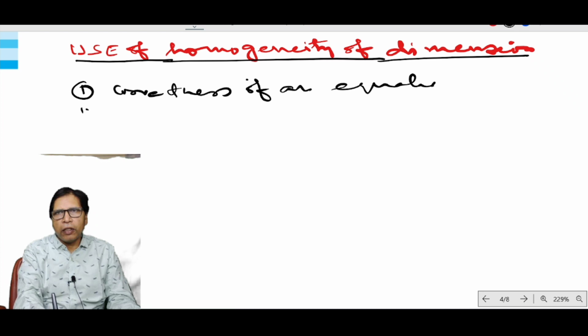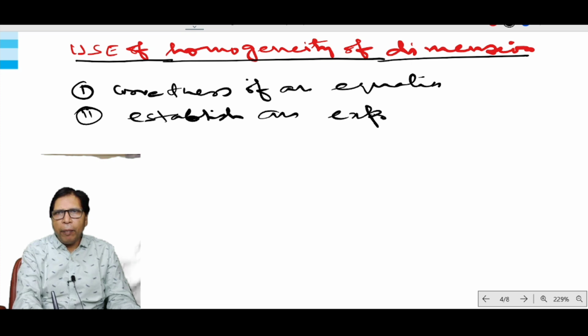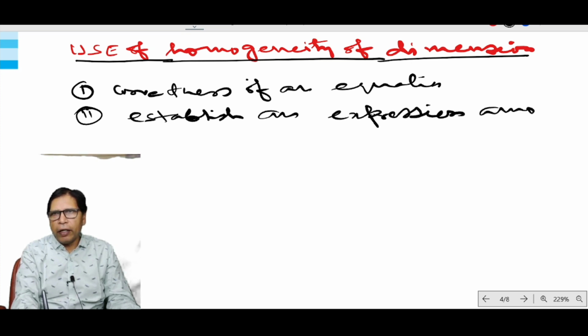Number two, establish an expression among different physical quantities.